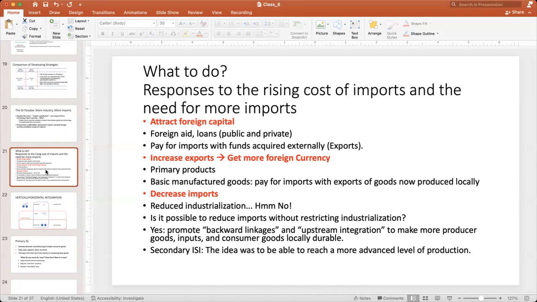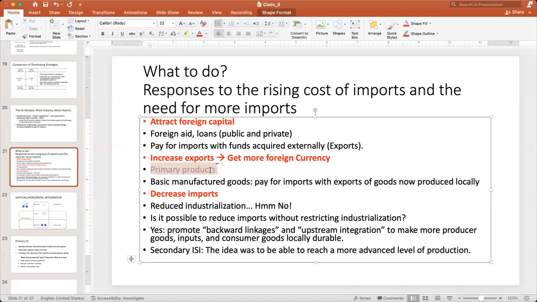The second one is to try to increase exports. Why? Because if you are exporting more, you are receiving foreign currency. So you can produce more primary products or commodities. You can export these commodities, and in exchange, you receive more foreign currency that could support your import consumption.